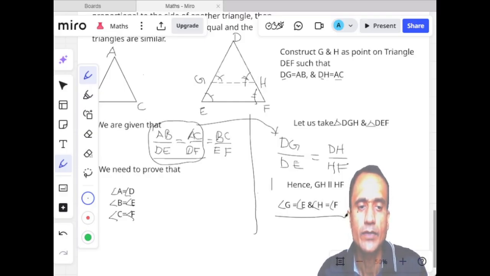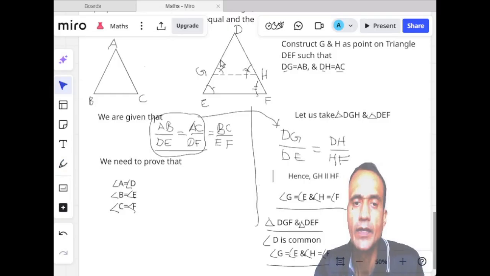So this is what I have written: G equals E, H equals F. Here angle D is common, G is equal to E and H equal to F. That means DGH is similar to DEF.